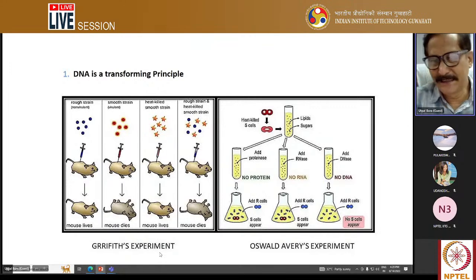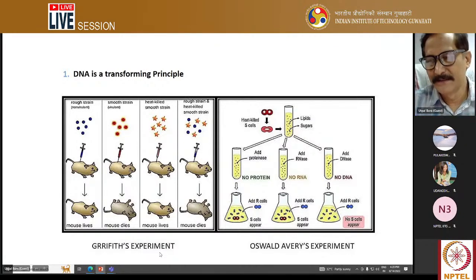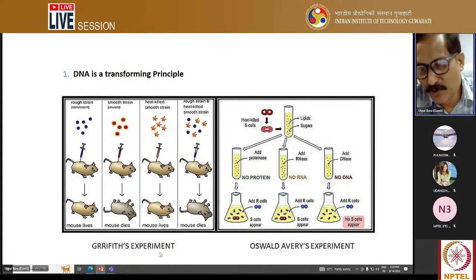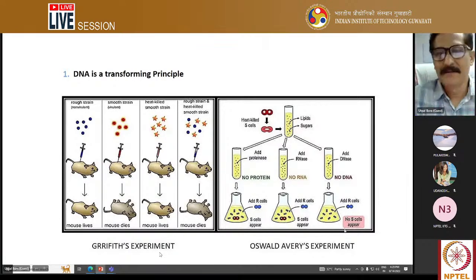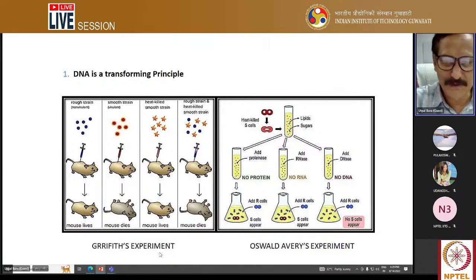When they finally added DNase, the DNA was destroyed, and since DNA is destroyed, it can no longer transform the R cells, and that is why in this last case they did not see any appearance of the S cells. So this confirmed that the transforming principle is DNA, ruling out the possibility of protein and RNA as the factors which cause the transformation.